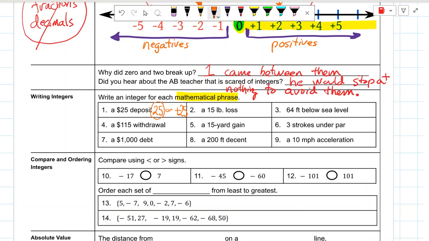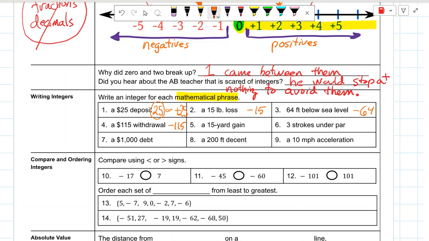Number 2, a 15-pound loss is negative 15. Number 3, 64 feet below sea level, negative 64. Number 4, $115 withdrawal. Now it's taking money out of your bank account, so it's going down. So we use a negative for that, negative 115.